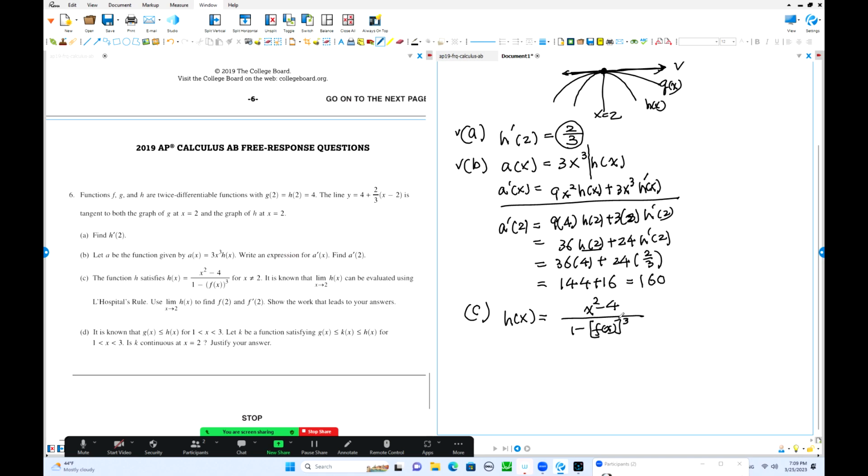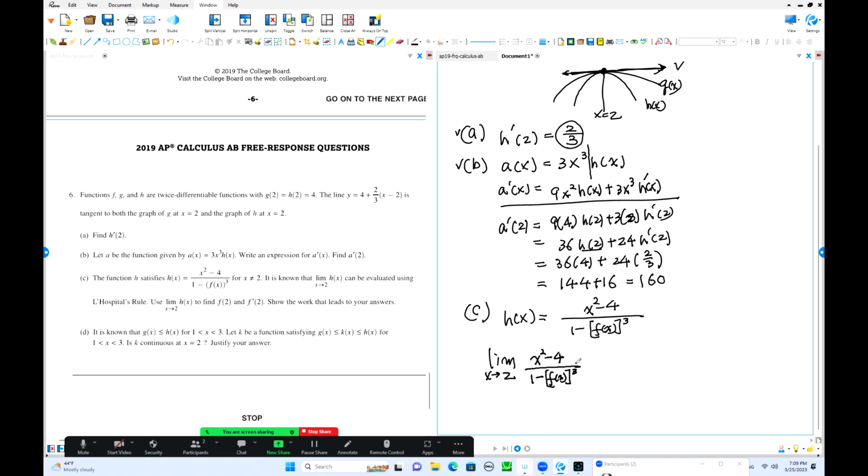It is known that the limit of h of x can be evaluated using L'Hopital's rule. So you're going to use x close to 2: the limit of x squared minus 4 over 1 minus f of x cubed.